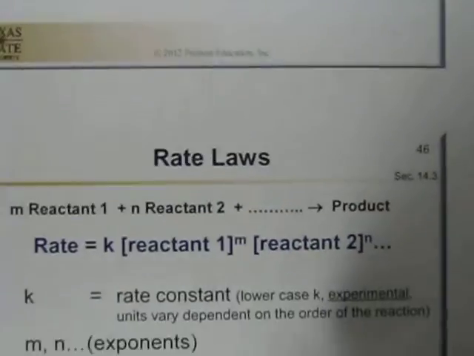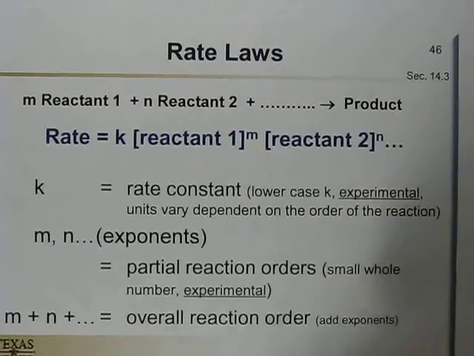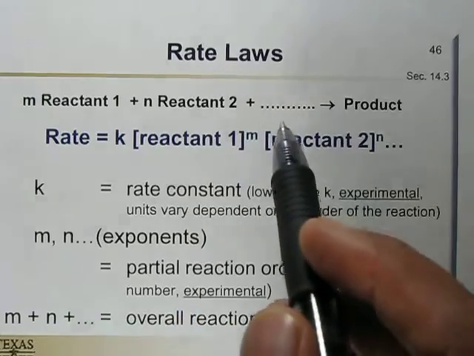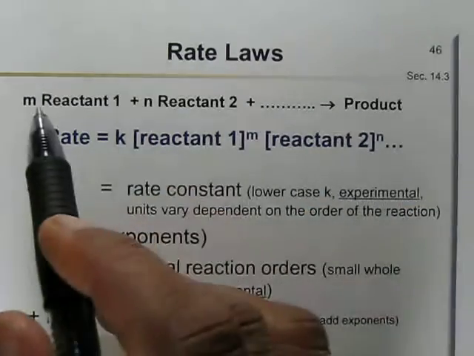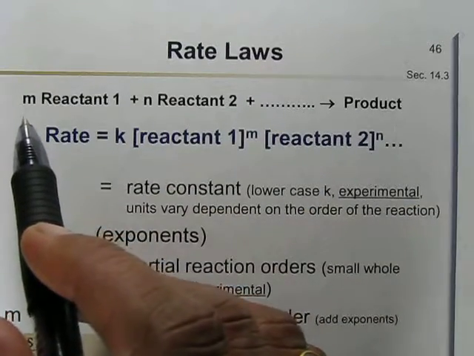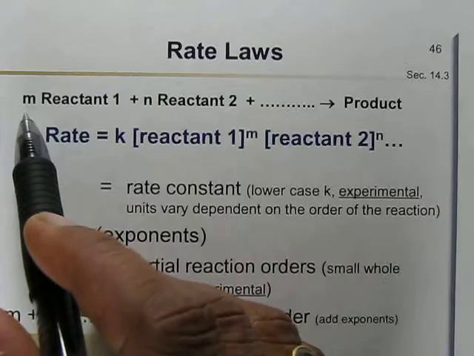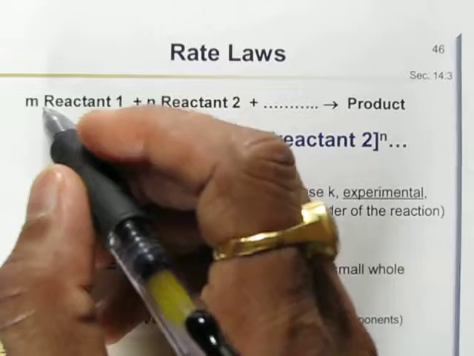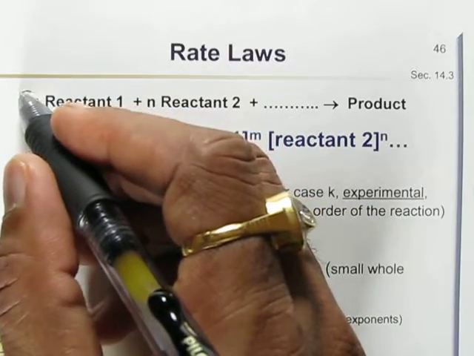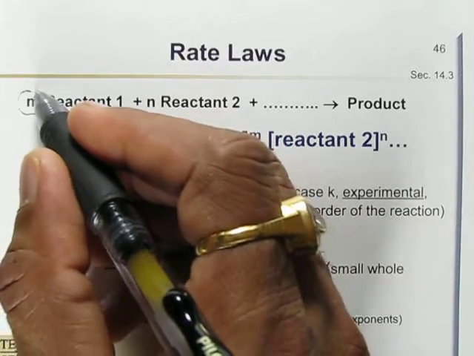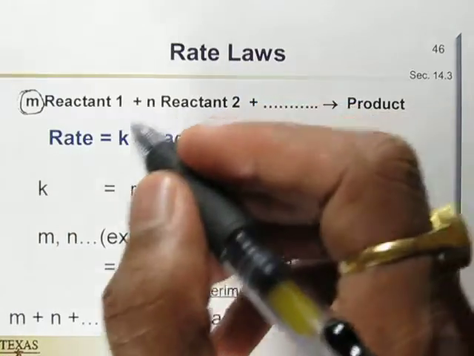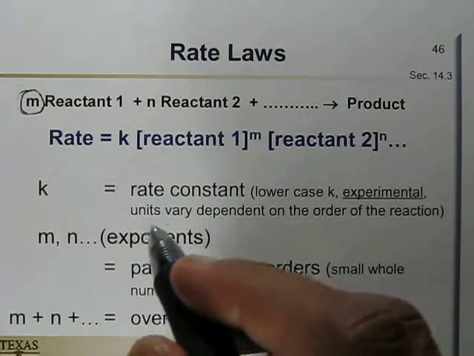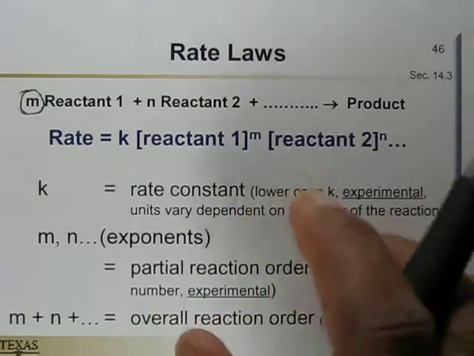Right? So we can generalize the rate law. If we have many reactants, reactant number 1, reactant number 2, reactant number 3, 4, 5, 6, and these are the exponents, small m, small n. This is important: when we see this type of reaction, these exponents or coefficients must be calculated from the experimental conditions, not from the balanced reaction.